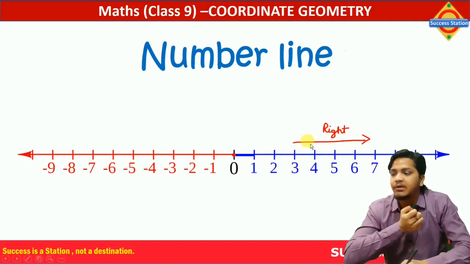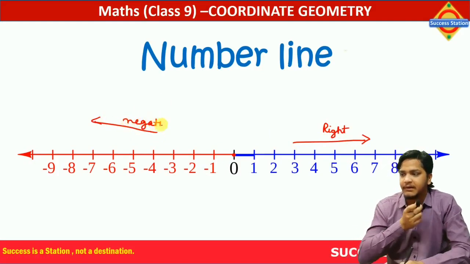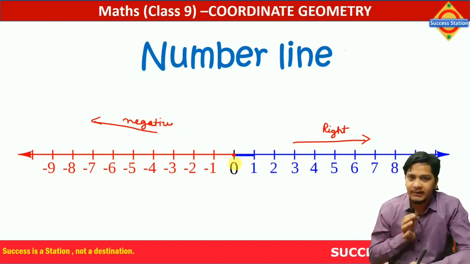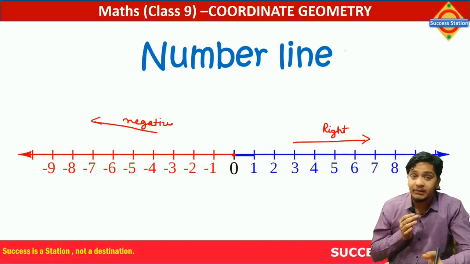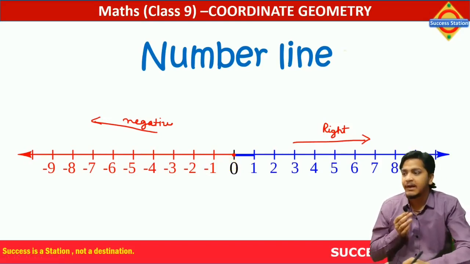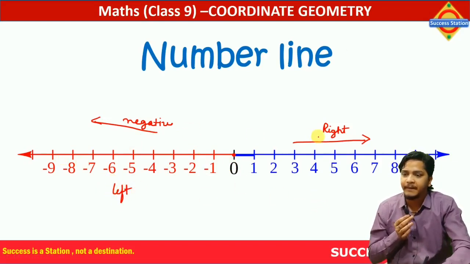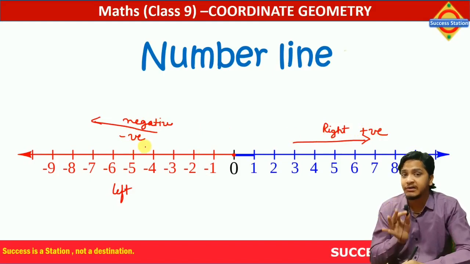And all numbers to the left side are negative. Clear? So 0 became my reference point. All numbers to the right of 0 will be positive, and all to the left of 0 will be negative. This is left, this is right. All positive, all negative. Clear? So this is a horizontal number line.